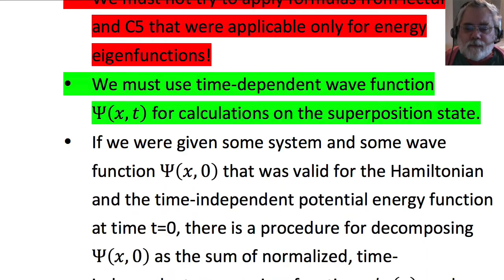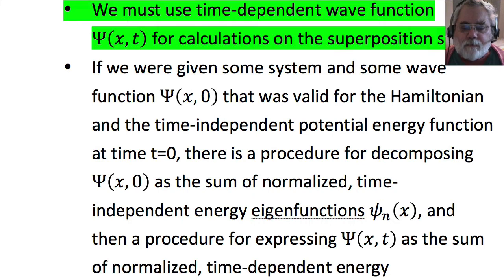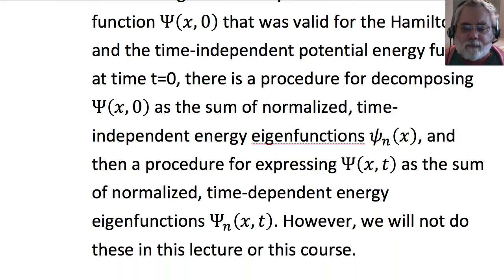If we were given some system and some wave function, psi of x at time t equals 0, that was valid for the Hamiltonian and the time-independent potential energy function at time t equals 0, there is a procedure for decomposing psi of x at time 0 as the sum of normalized time-independent energy eigenfunctions, psi sub n of x, and then a procedure for expressing psi of x and t as the sum of normalized time-dependent energy eigenfunctions, psi sub n of x and t, the time evolution.